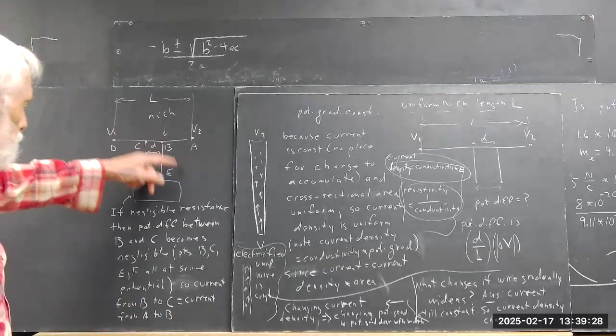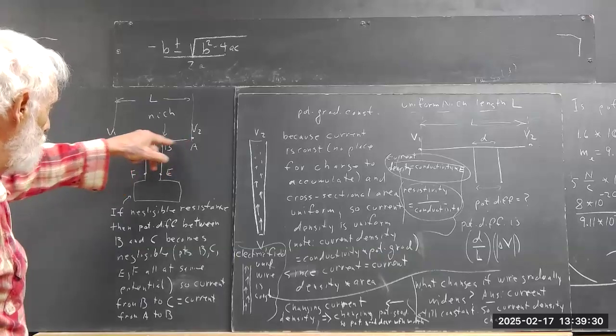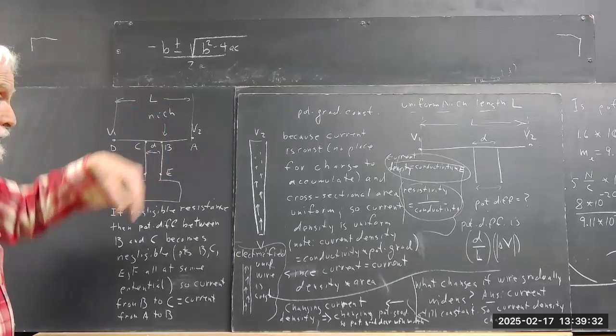So the current from here to here is whatever current we have from A to B.